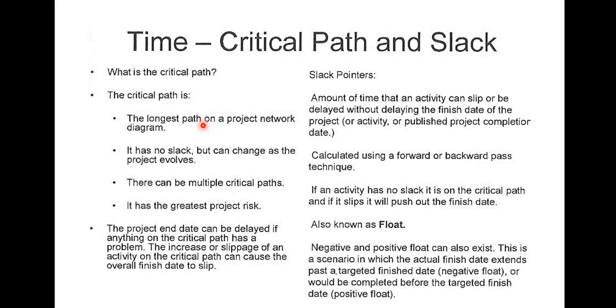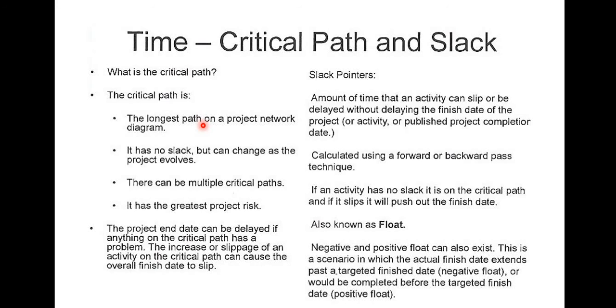The critical path also has the greatest project risk. So the project end date can be delayed if anything, just anything, has a problem on the critical path. The increase or slippage of an activity on the critical path can cause the overall finish date to slip. That is very true as well.